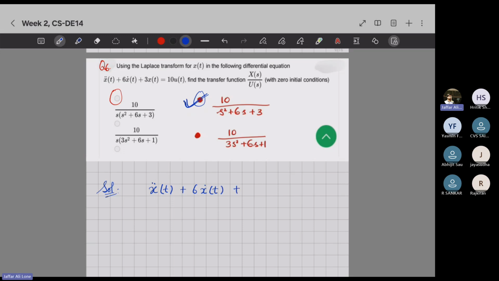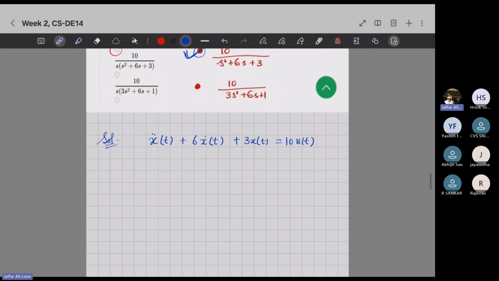So x double dot plus 6x dot plus 3x equals 10u(t). Now take Laplace. This will be s squared X(s). You have to assume zero initial conditions because you are doing a transfer function. 6s into X(s) plus 3 into X(s) equals.